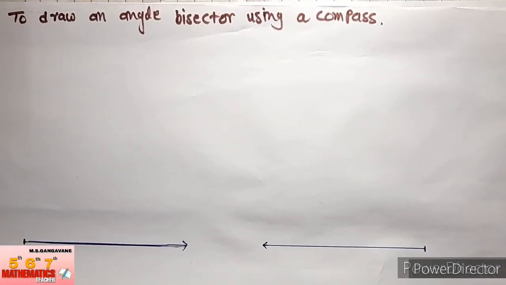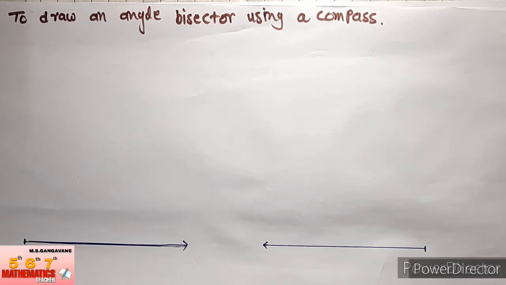Now students, we learn to draw an angle bisector using a compass. Now, what is the meaning of bisector? The line which divides a figure into two equal parts.